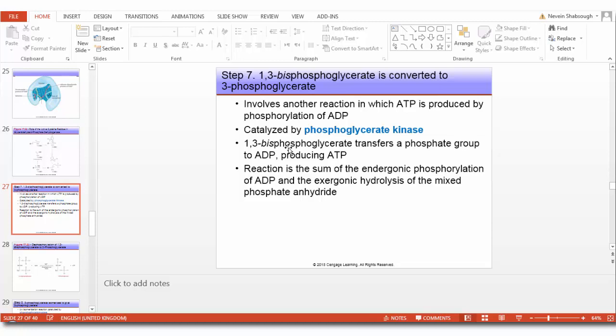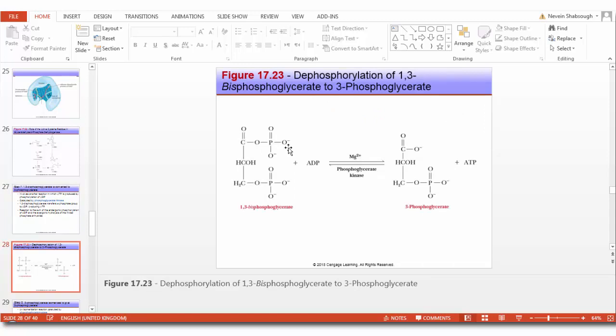So the reaction is the sum of the endergonic phosphorylation of ADP and the exergonic hydrolysis of the mixed phosphate anhydride, as we can see in this figure, which shows the dephosphorylation of 1,3-bisphosphoglycerate to 3-phosphoglycerate. This is a reversible reaction, which requires Mg+2 as a metal ion cofactor. Actually, all kinases require Mg+2 for their reaction.